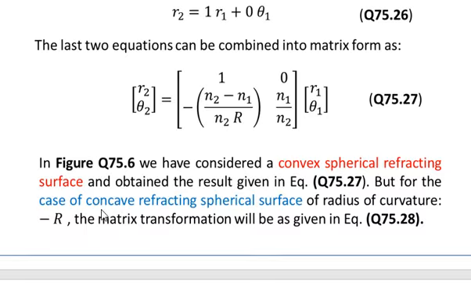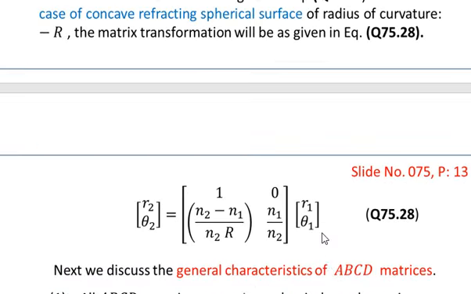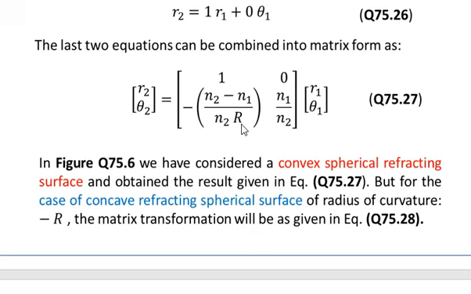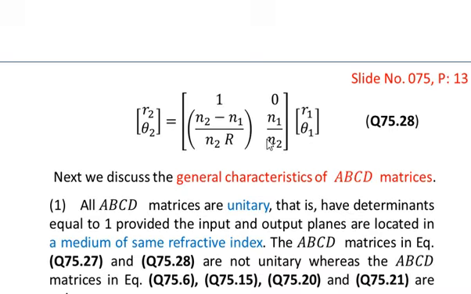But for the case of a concave spherical refracting surface of radius of curvature minus r, the matrix transformation will be given as in equation number 28. Because capital R in this equation is replaced by minus r, we can write down this matrix for the case of a concave spherical refracting surface.